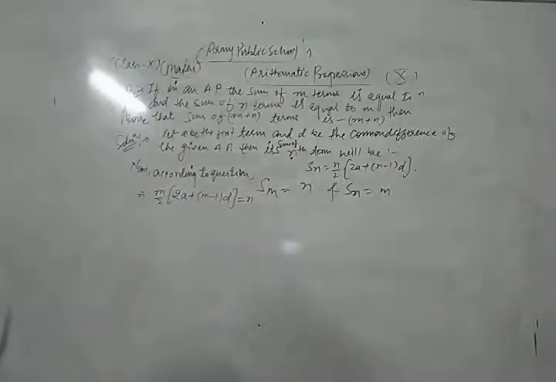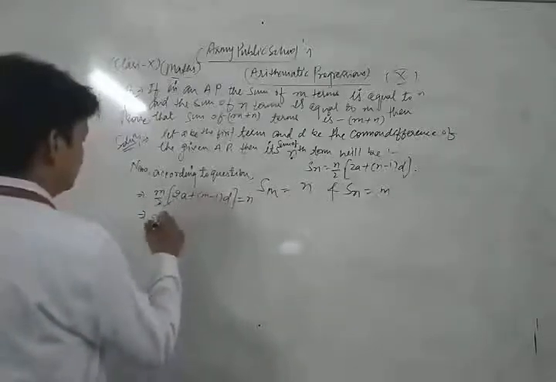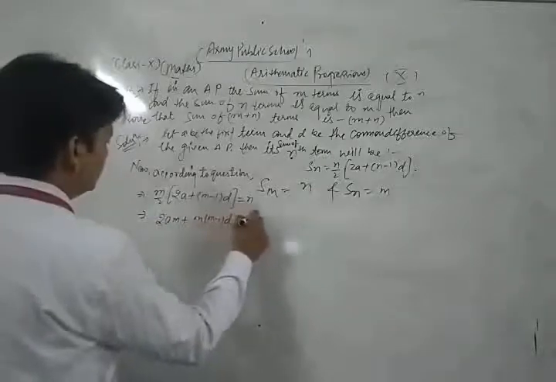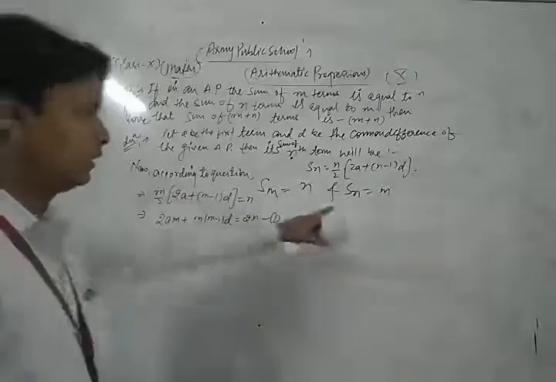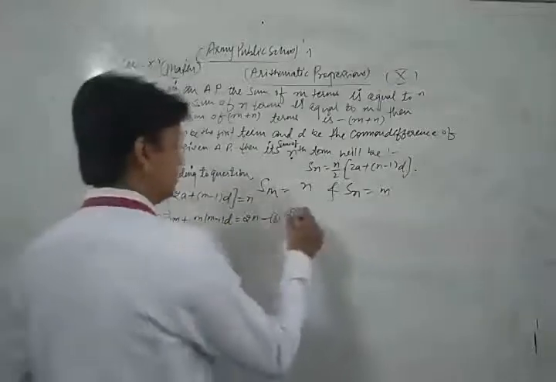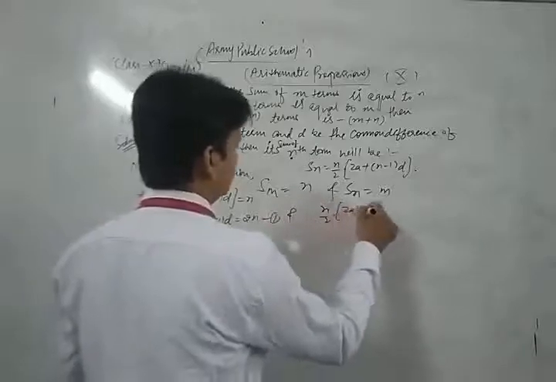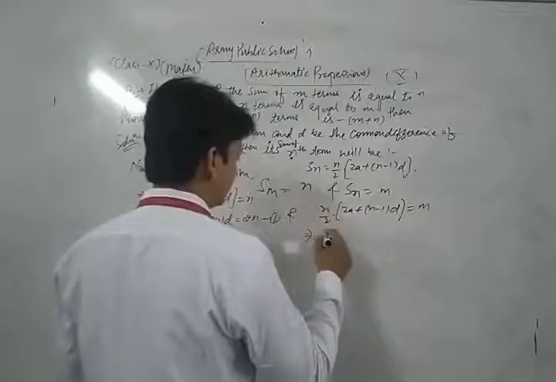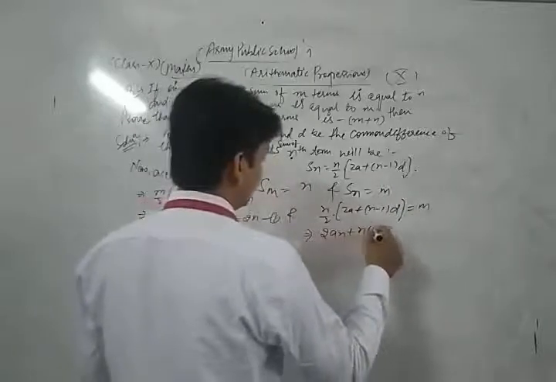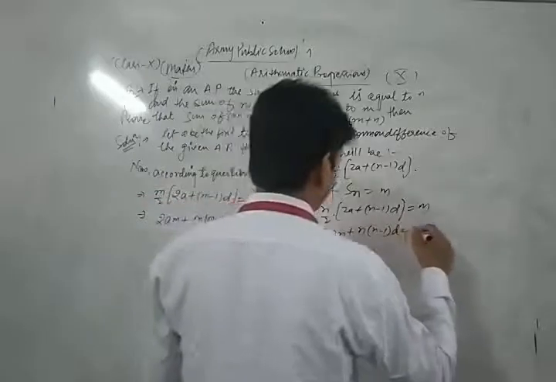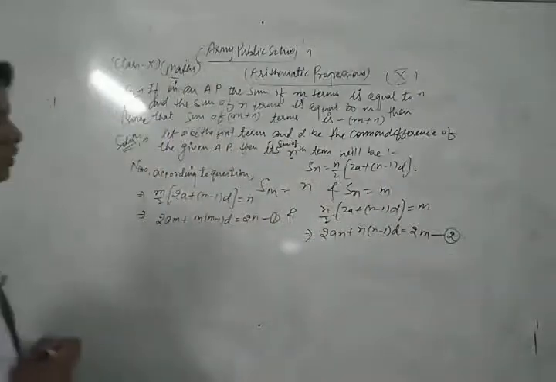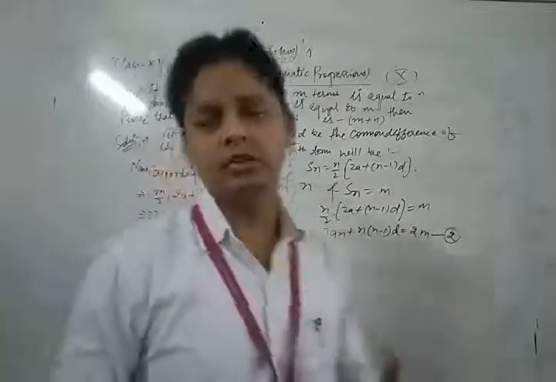Transferring, we get 2am plus m minus 1 into d is equal to 2n. Take this as equation number 1. Similarly, the sum of n terms is n by 2 into 2a plus n minus 1 into d, equal to m. Cross multiplying, we get 2an plus n minus 1 into d is equal to 2m. Take this as equation number 2.